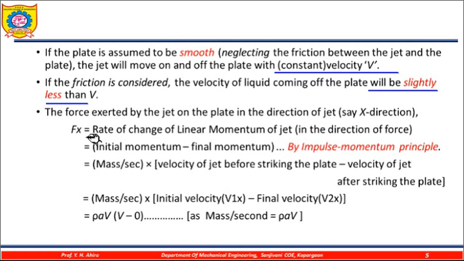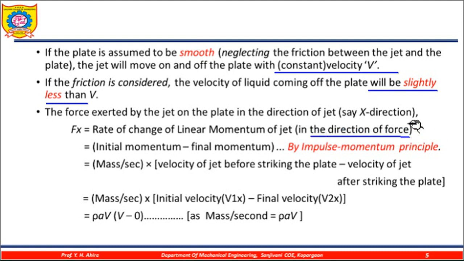Because the jet is horizontal, we are calling it the x direction. So Fx is equal to the rate of change of linear momentum of the jet. This change of linear momentum is in the direction of force.